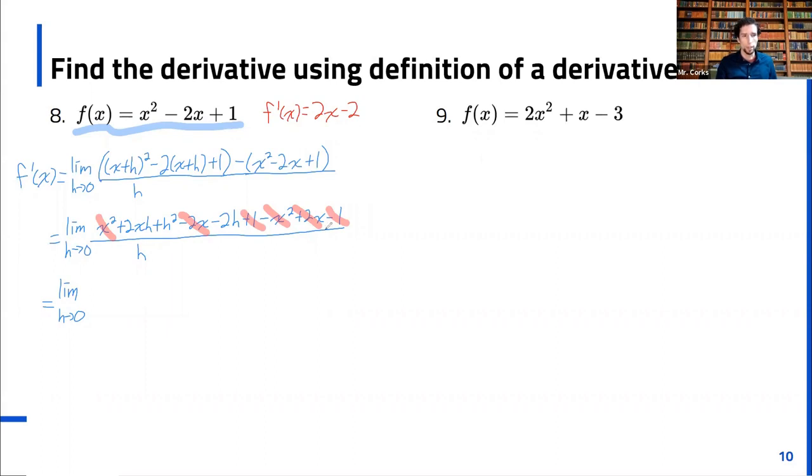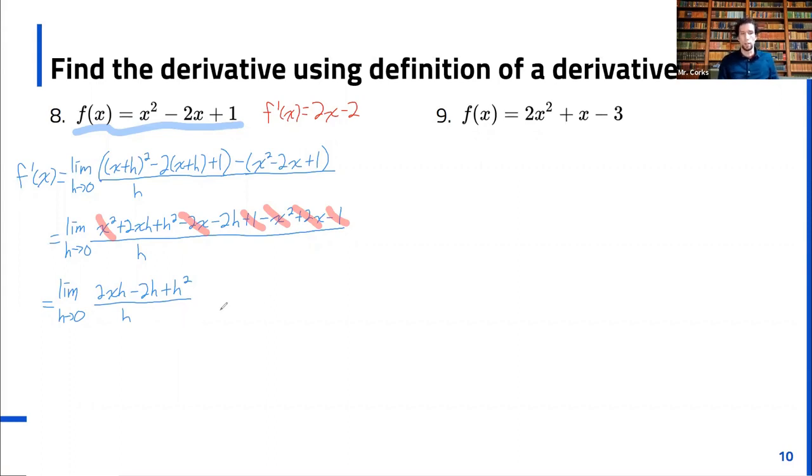All right, so let's rewrite with that stuff just canceled out. 2xh minus 2h plus h squared. Let's gather our terms and clean that up a little bit. Okay, so that will work out nicely with our next step.